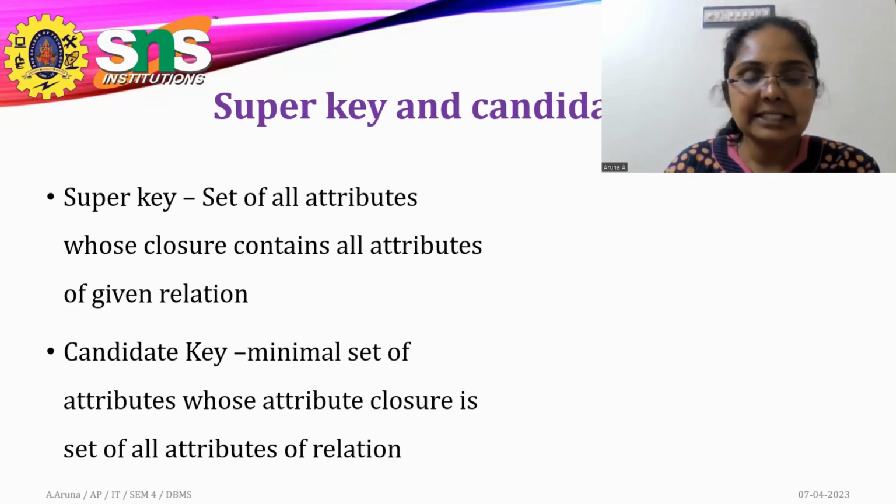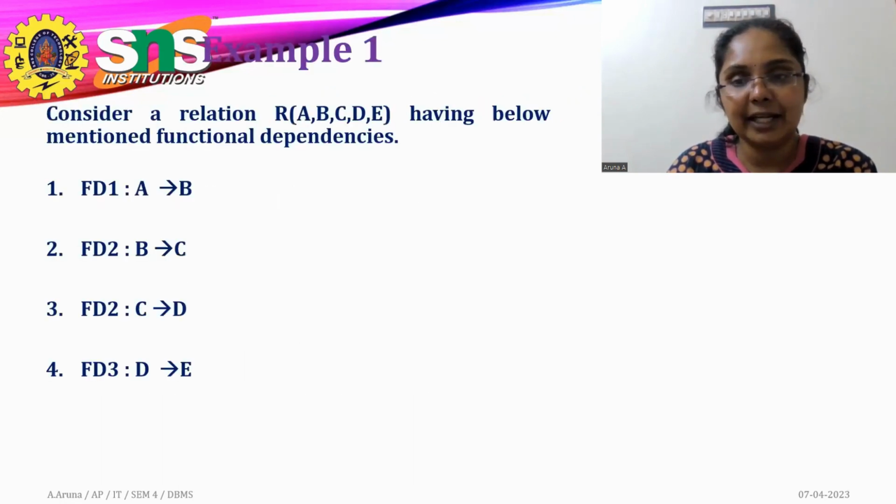Then we check the left hand side part of the closure set for a minimal set. If it is a minimal set, that particular key can be called a candidate key. Now let us see the various examples. Through that you can easily understand what the closure set is, and how we can calculate the super key as well as the candidate key.